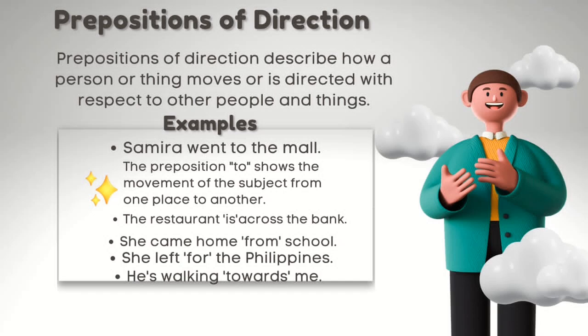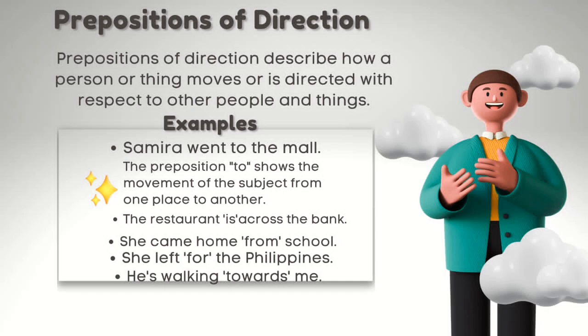That is the relationship between two nouns or pronouns in respect to movement. So a preposition of direction is not a static preposition. It indicates a movement, a continuous movement of two nouns or two pronouns. For example, Samira went to the mall. The preposition to shows the movement of the subject from one place to another.